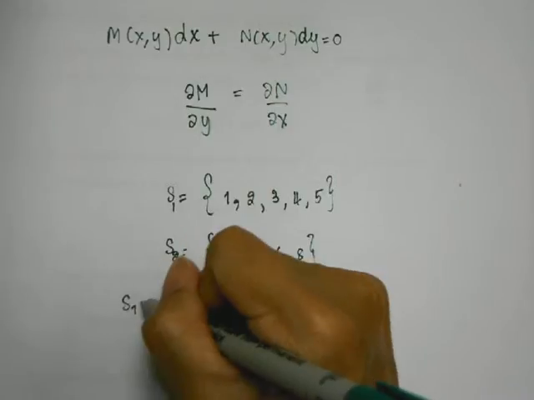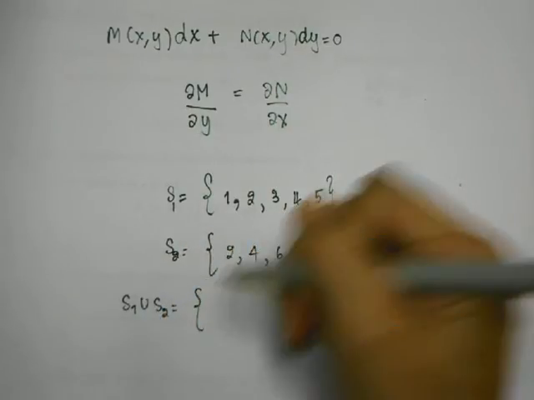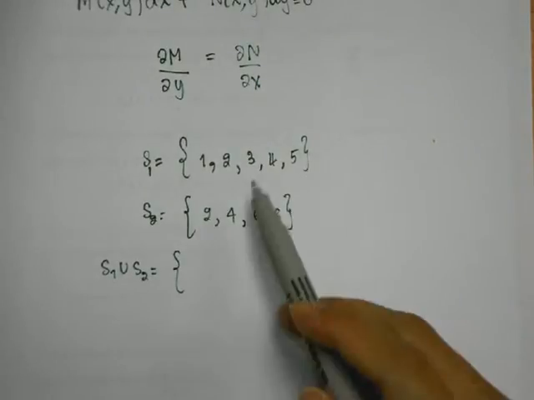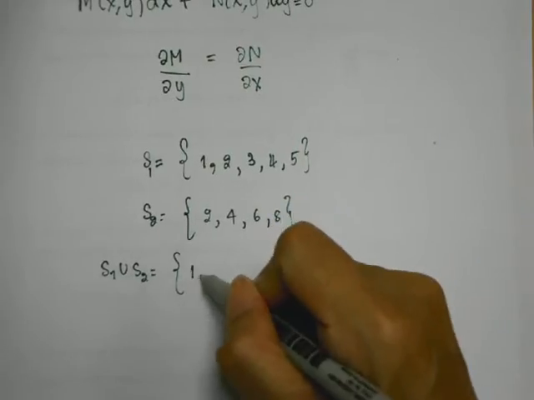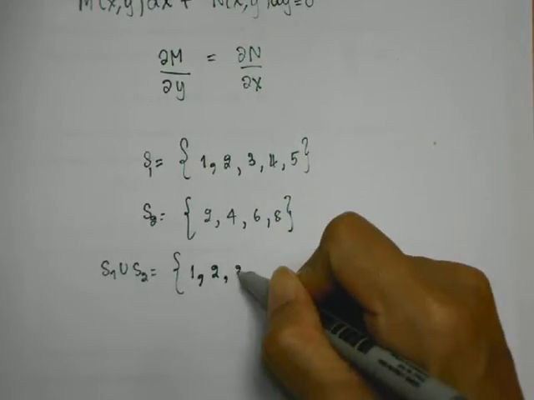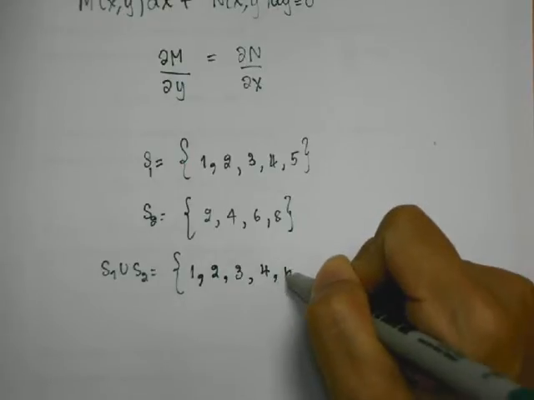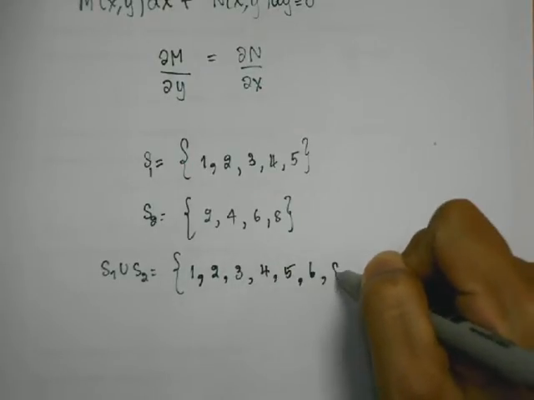S1 union S2 is equal to 1, 2, 3, 4, 5, 6, 8.